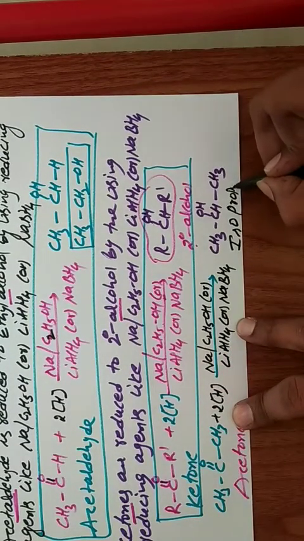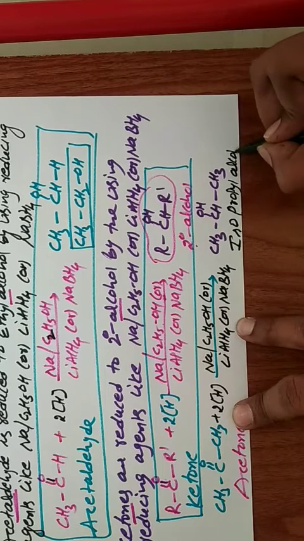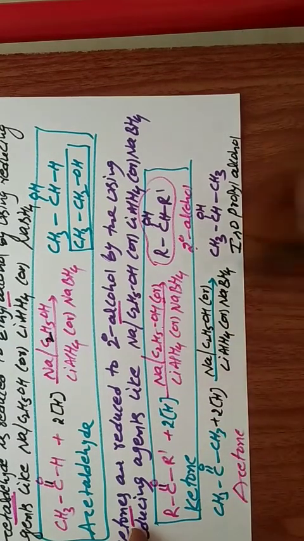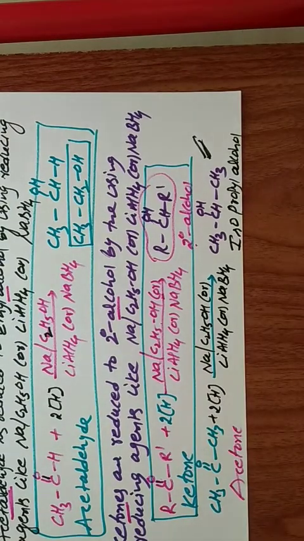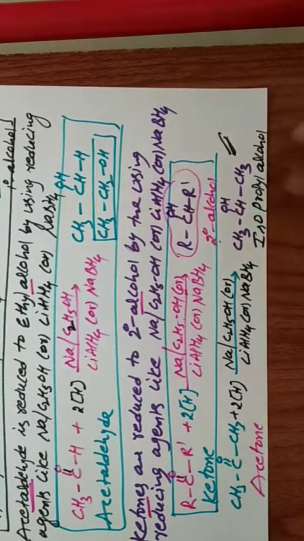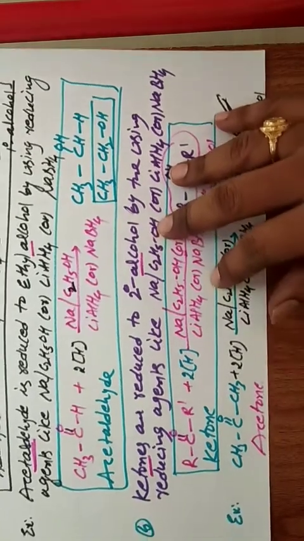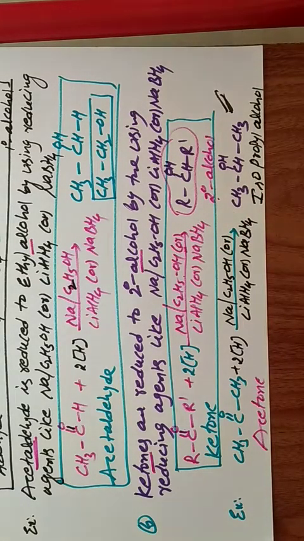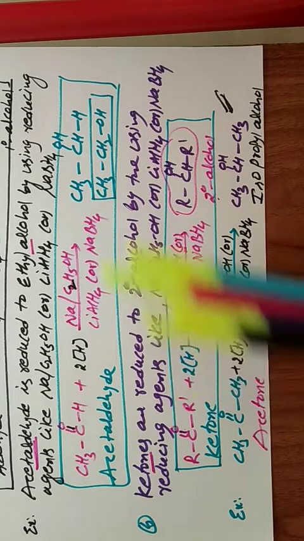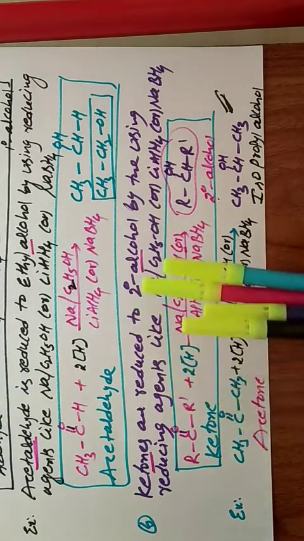So this is the acetone reaction. Very easy to remember, very easy to write these reactions. You think about the logic; if you follow that logic, it is very easy to write these reactions. So this is the fourth reaction. The third reaction was nickel and hydrogen. In the fourth reaction, the remaining reducing agents.